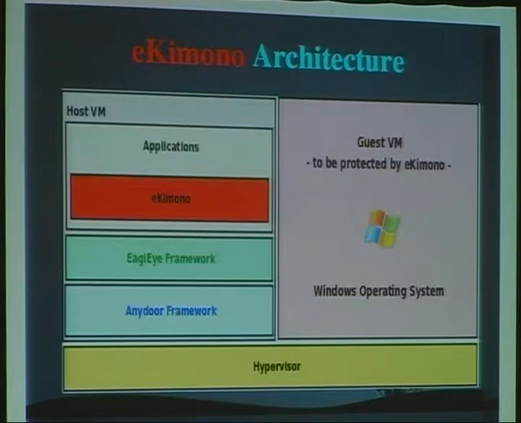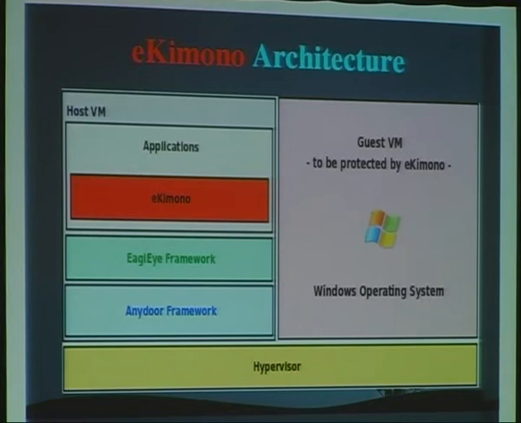And here's the full picture again. So eKimono runs at the bottom, and it gives you access to the physical memory and virtual memory. And eKimono provides the service to eKimono running on top of that, and eKimono can access the physical memory and virtual memory, and return the information about all those objects inside the memory that you want to access.